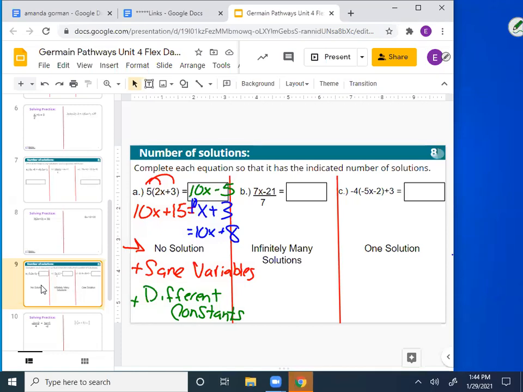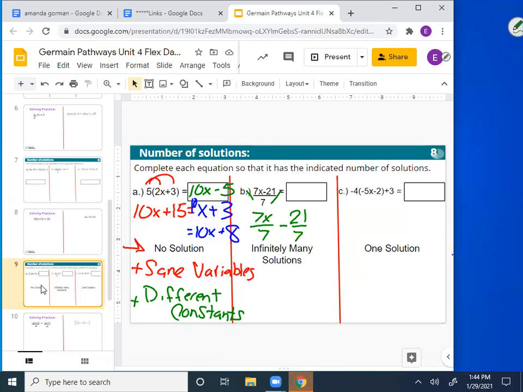What would this look like if I were to break this into a division and a division? Billy? 7x divided by 7 and negative 21 divided by 7. Boom! Billy, scary good. Yes.